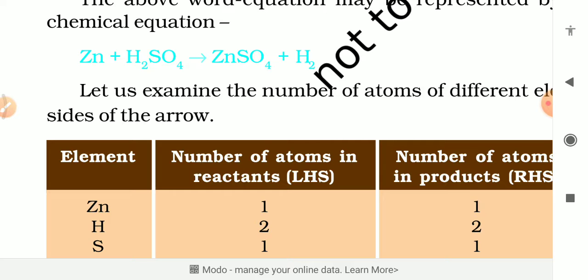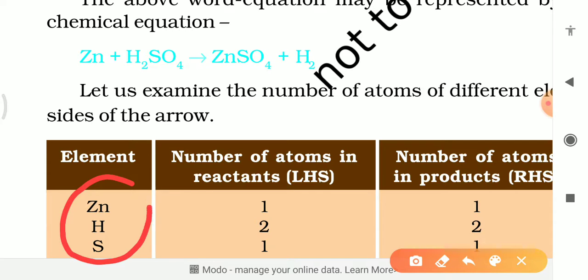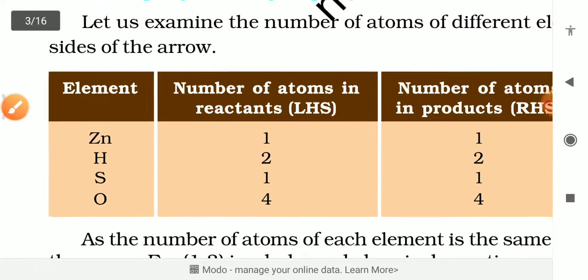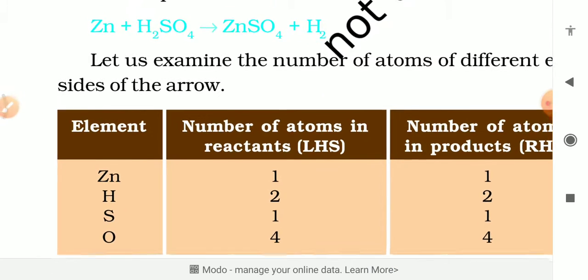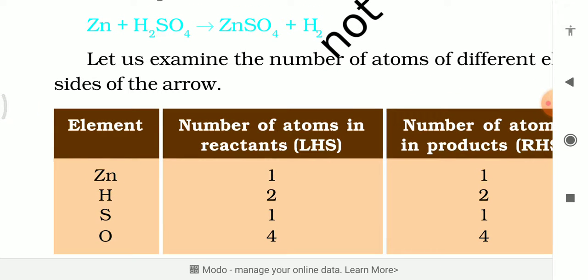Let's check it. First of all, how will you calculate the number of atoms? The best method is that first you write the name of each element present in this reaction. See here, zinc is present, hydrogen is present, sulfur is present, and then oxygen is also present, so we write oxygen also here.